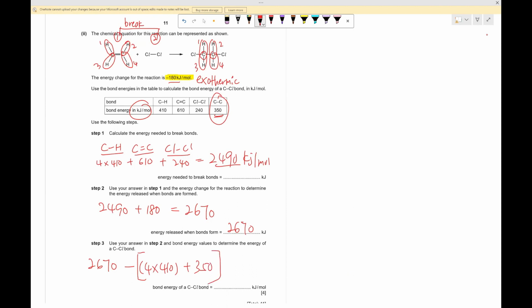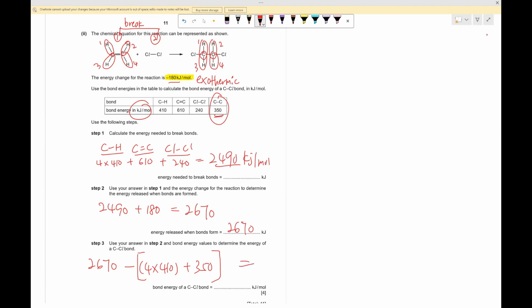Then bracket. Then how about the carbon to the chloride? Carbon and chloride, we don't know. The question actually asks us for the C–Cl bond.